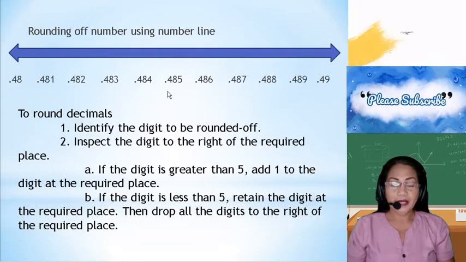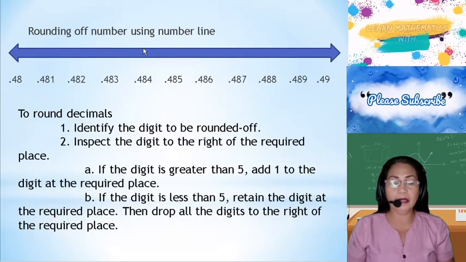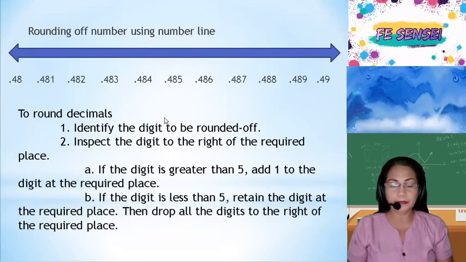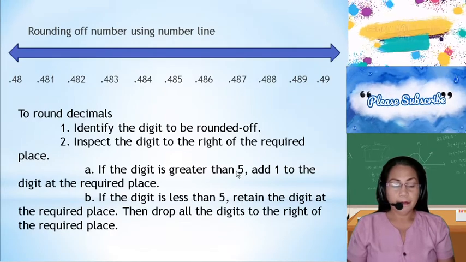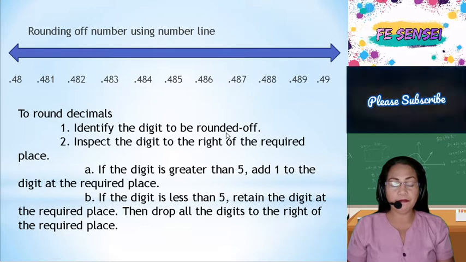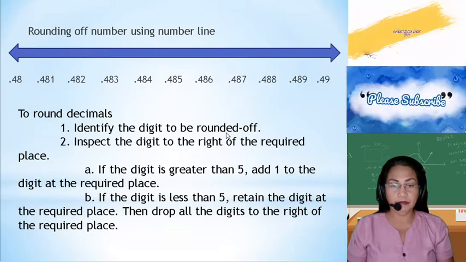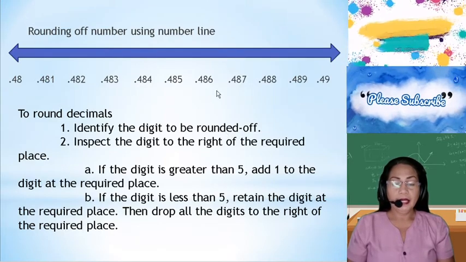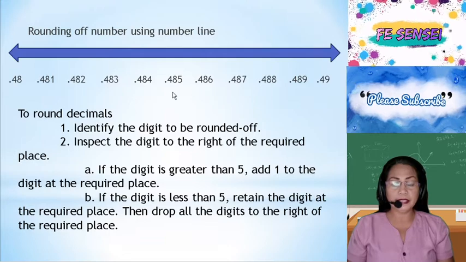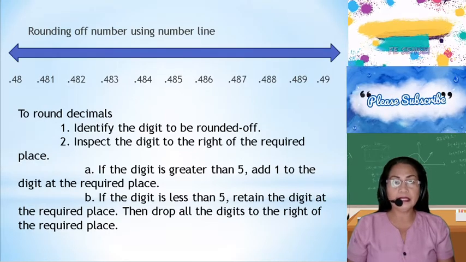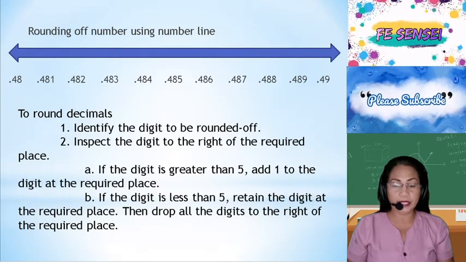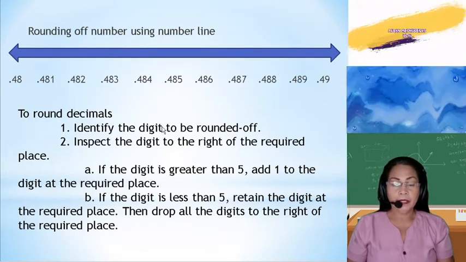Now, going back to our number line. Based on our rules, first identify the number to be rounded off. Let's round off this number to the nearest hundredths, therefore the second digit after the decimal point.